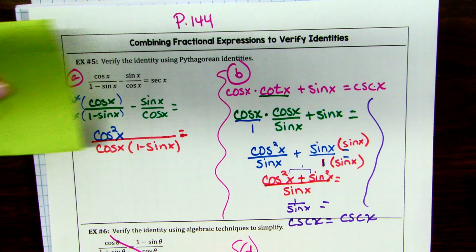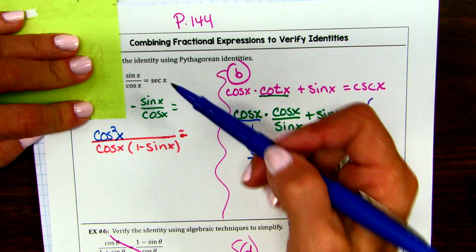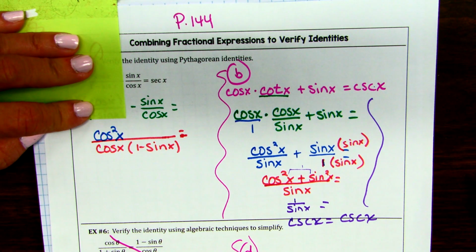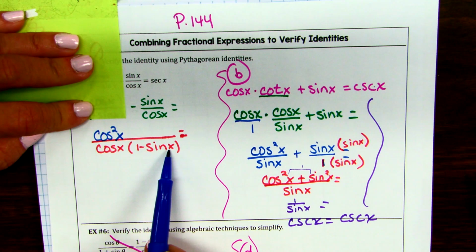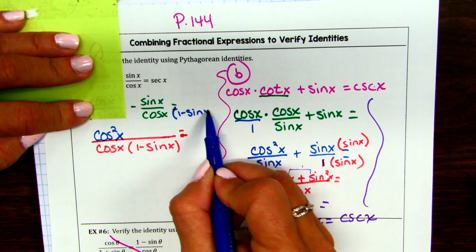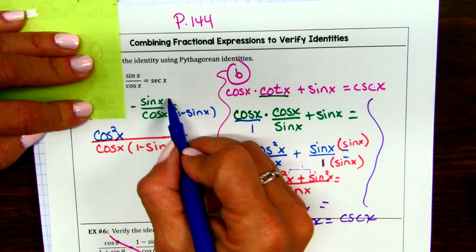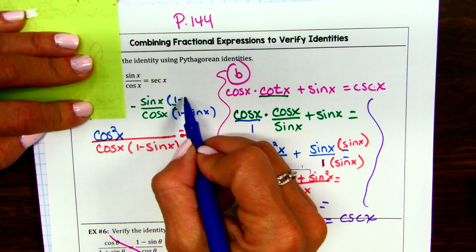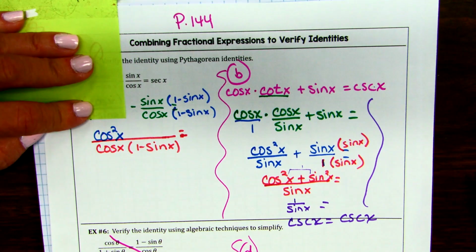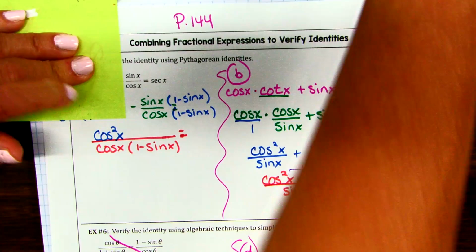Look at your second fraction. In the second fraction, it should have this denominator. It currently does not. It's missing the 1 minus sine x. So I'm going to multiply my denominator by 1 minus sine x. What I do to the denominator, I have to do to the numerator, right? Look what I have to multiply.